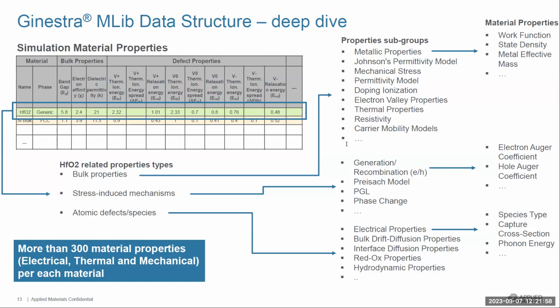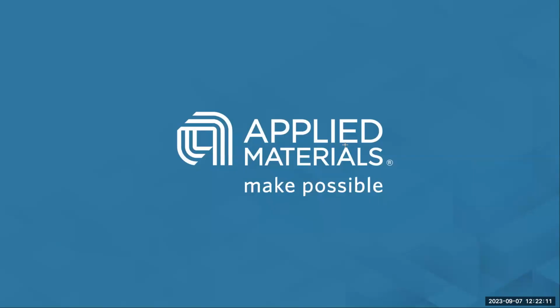So it is important to know some thermal properties of a material to have the proper thermal distribution. That's basically the overview of Ginestra and the role that the material library plays inside our simulation software.